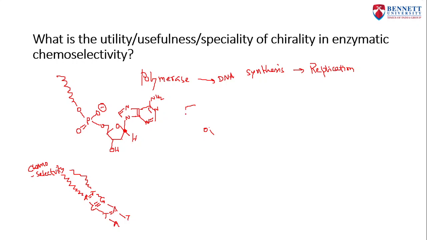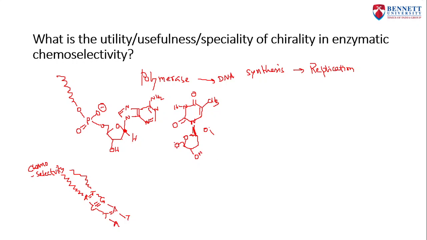So that would be this particular base, NH, CH3, carbonyl and base, and what will happen here is, this is the opposite strand, and this is the growing sugar.